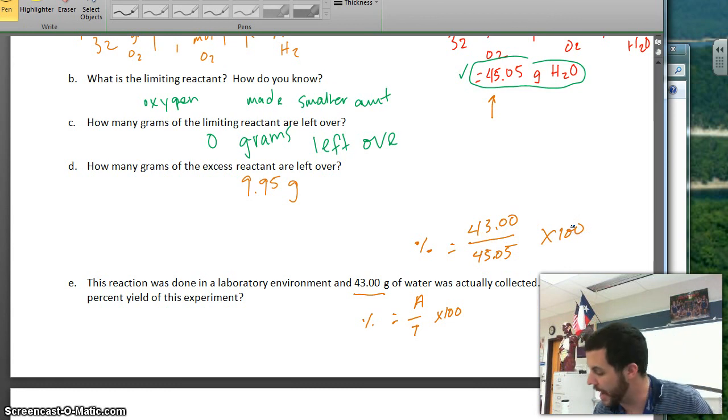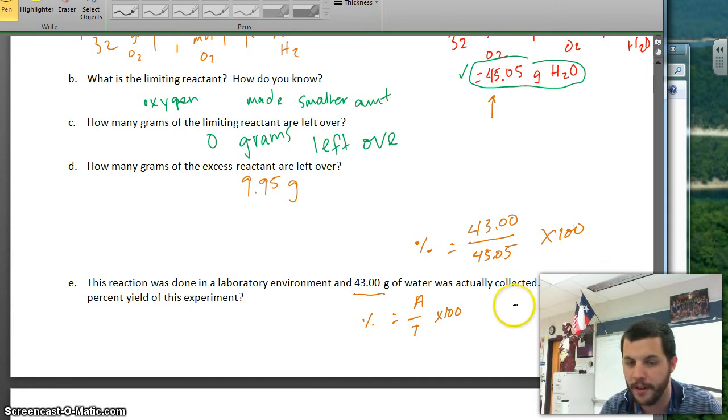Let's do the math. 43 divided by 45.05. Enter. Times 100. Enter. How about 95.45% efficient? Yay.